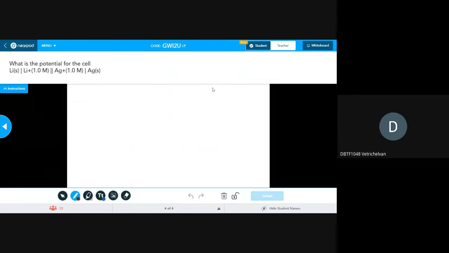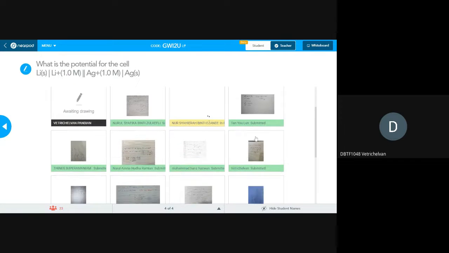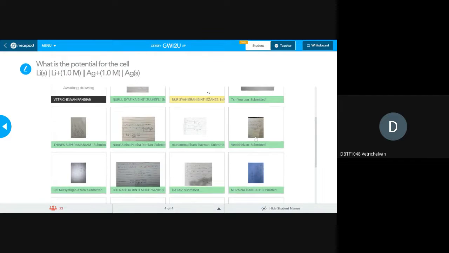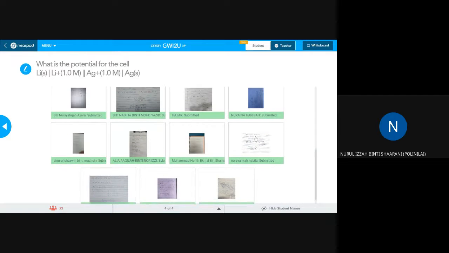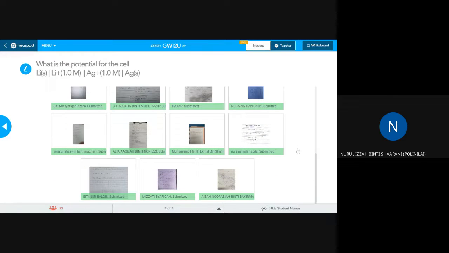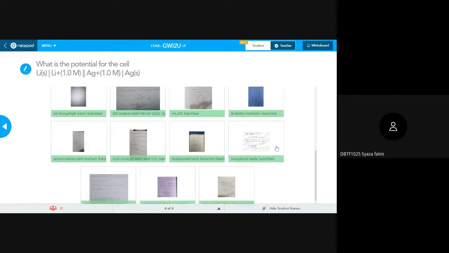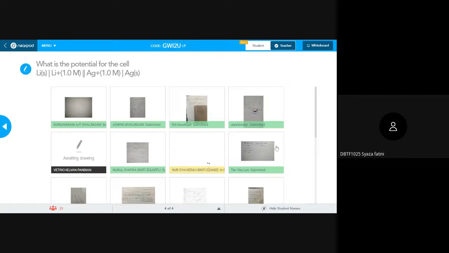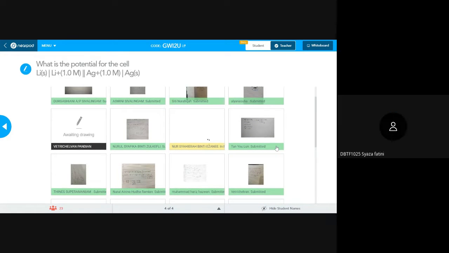Okay, so ada 22 orang je lah yang submit ni. So tak ada yang tak submit ke? Saya nak kira attendance ni. Madam, saya dah hantar tapi tak dapat. Tadi line saya slow sangat. InsyaAllah.